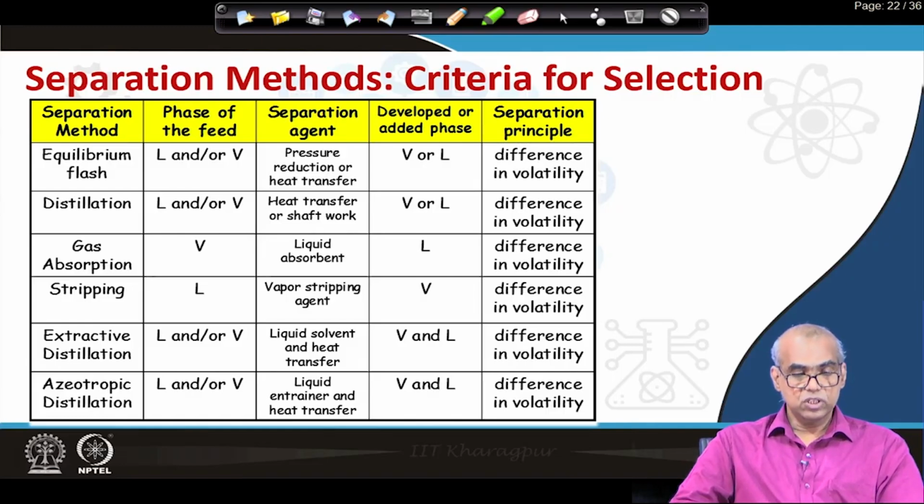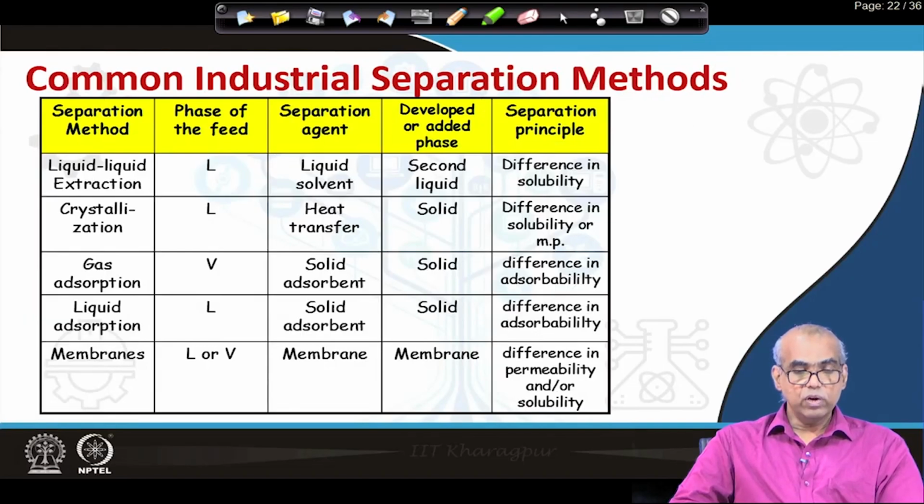Similarly, distillation, gas absorption, stripping, extractive distillation, azeotropic distillation all make use of difference in volatility. Liquid-liquid extraction makes use of difference in solubility. Crystallization makes use of difference in solubility or melting point. Gas adsorption, difference in adsorbability.